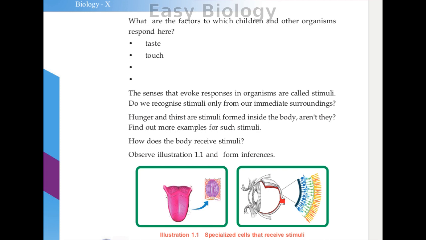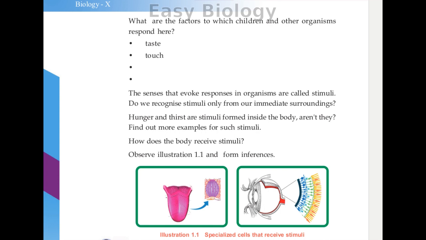Some stimuli are formed from our surroundings. The stimuli that are formed from our surrounding are known as external stimuli.